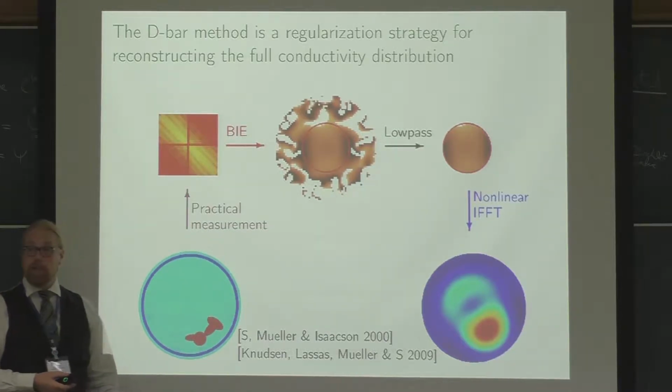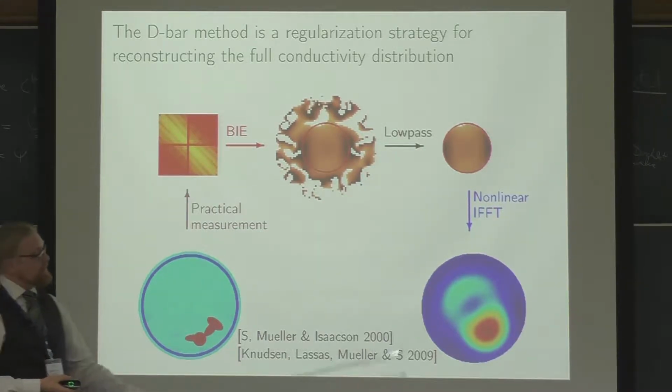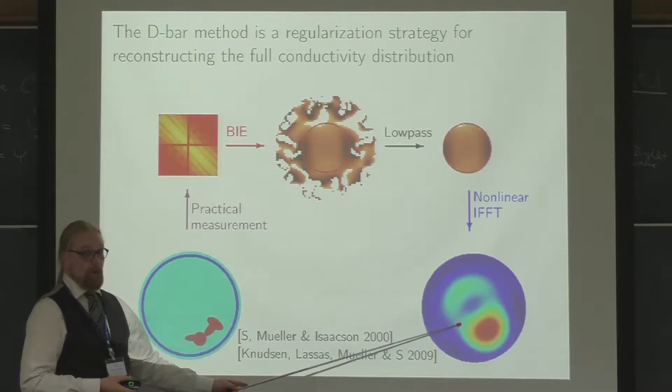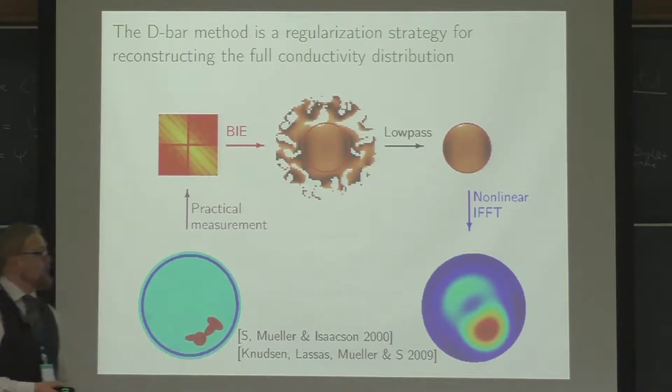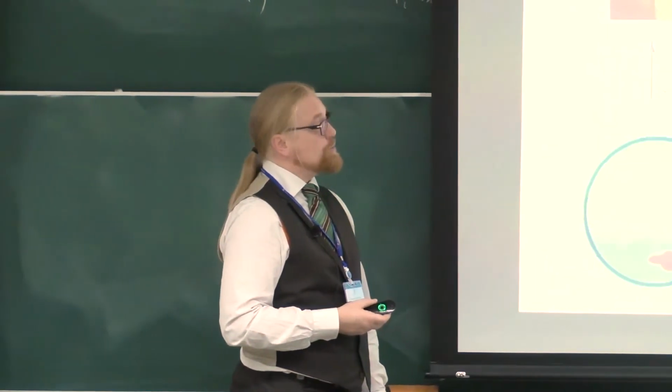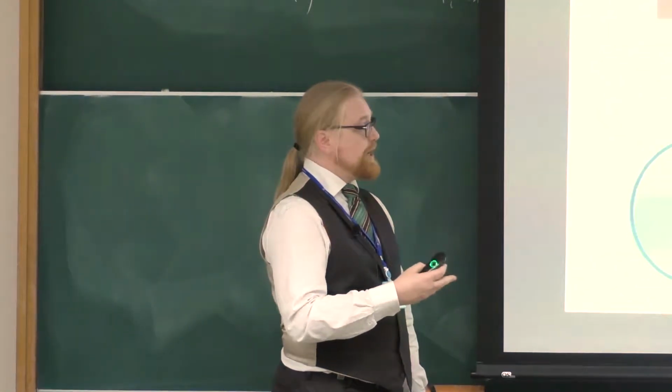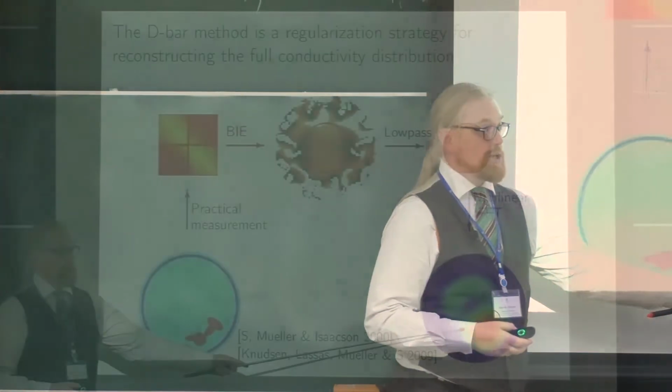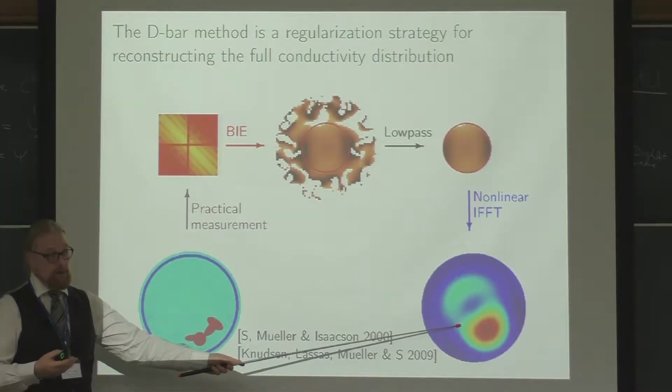And then we found out that we get these images that are blurry, but however, they are robust against noise. I mean, if the measurement noise is even bigger or changes, this one doesn't change so much. And this is what regularization aims to do.